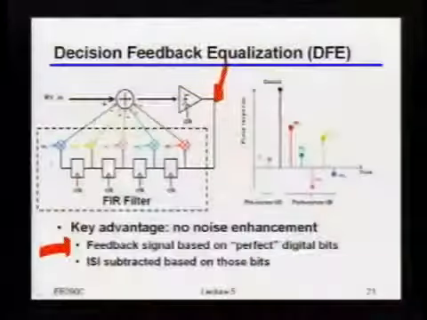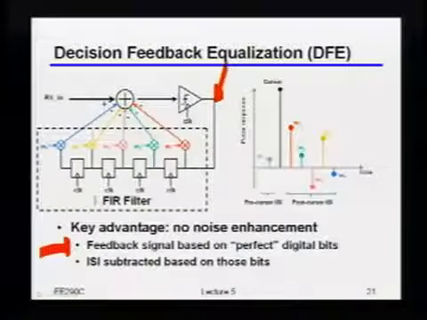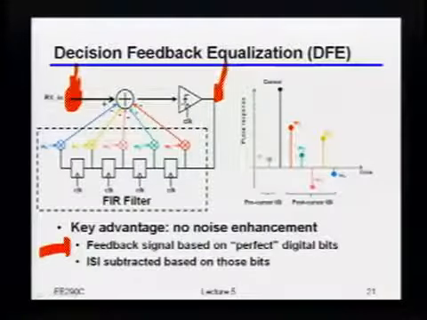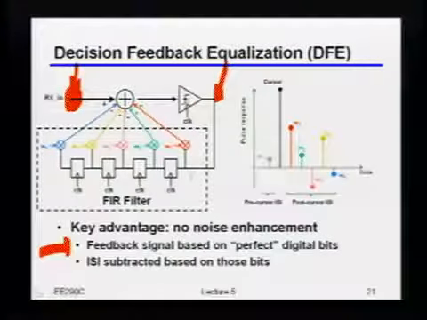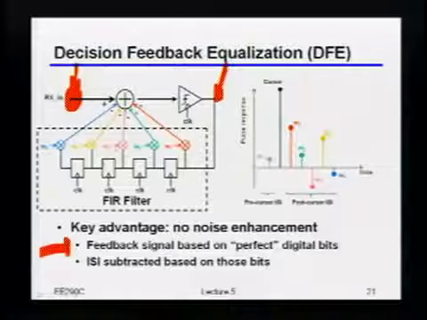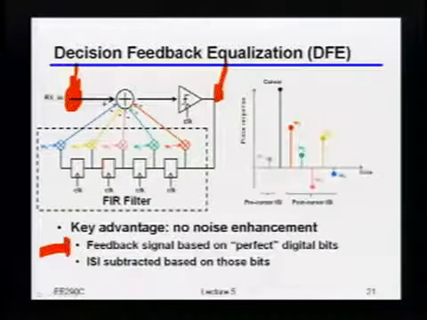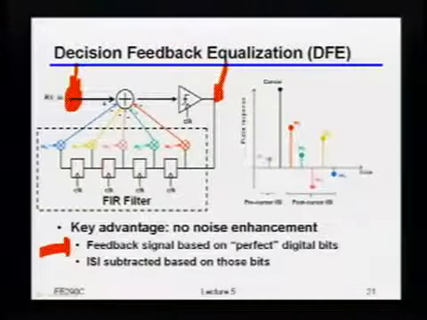So when I take that digital bit and use it to feed back and subtract all this stuff off, notice the noise itself is never coming back into this filter. If the noise was being added right there, once I've made the right decision, that noise has no way of making it back through that filter. In other words, there is no way of amplifying the noise. Does that make sense to people?